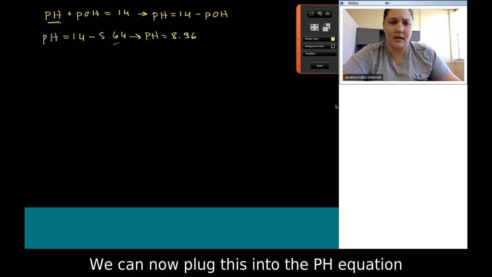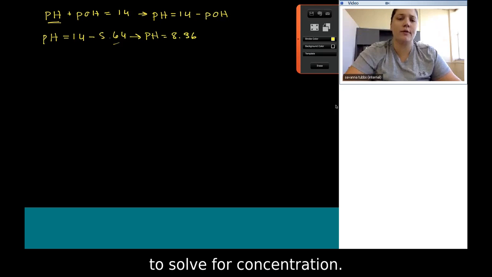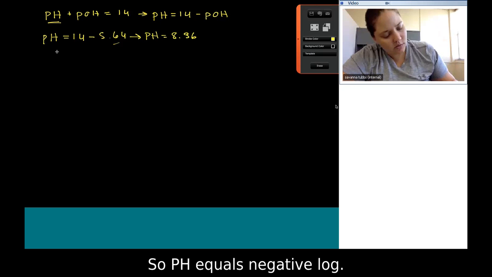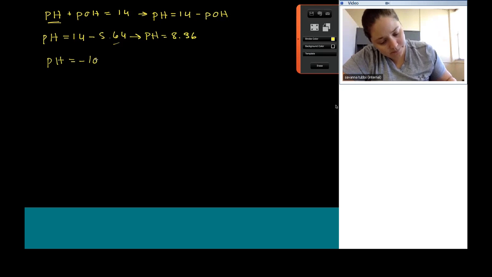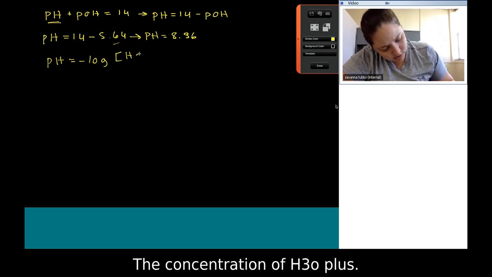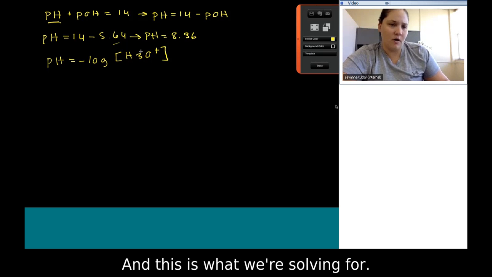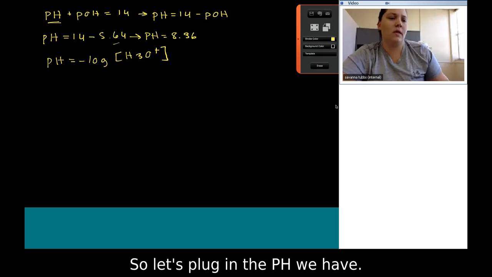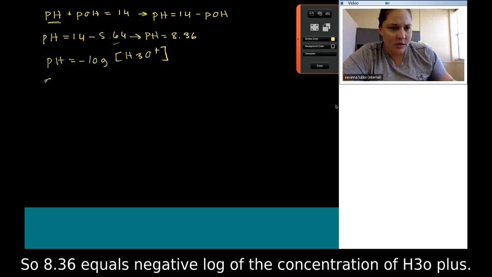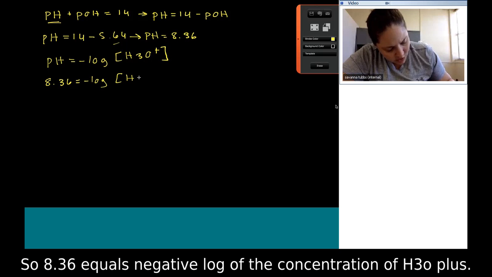We can now plug this into the pH equation to solve for concentration. So pH equals negative log of the concentration of H3O+, and this is what we're solving for. So let's plug in the pH we have. 8.36 equals negative log of the concentration of H3O+.